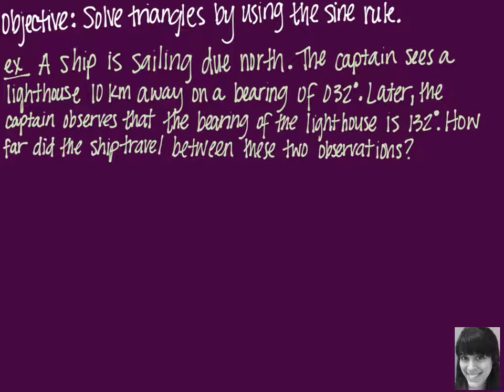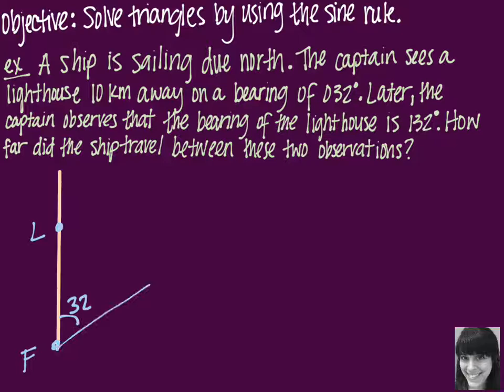So let's draw the ship's path first. It's going north, and we have the first sighting and then the last sighting. At the first sighting, it's at 32 degrees and it's 10 kilometers away.